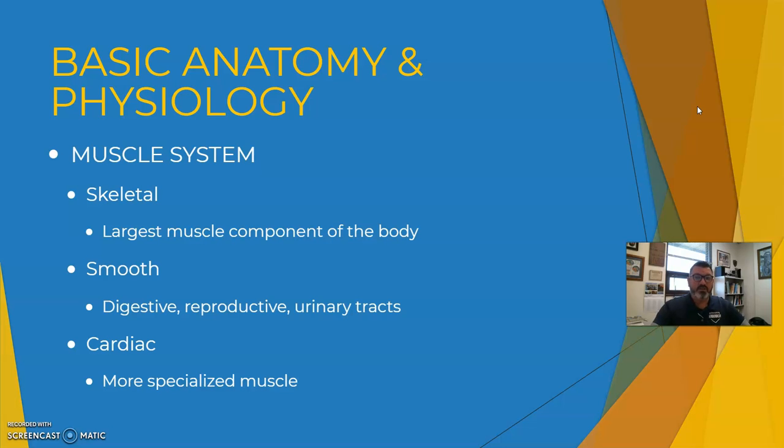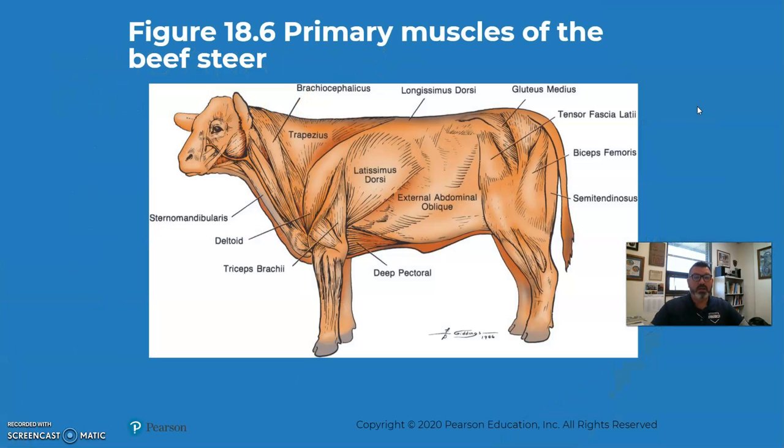Then we have the smooth muscle category, which is your digestive tract, the reproductive tract, and the urinary tracts, all very smooth and pliable muscle. And then finally the cardiac muscle type, which is of course much more specialized tissue and primarily is just your heart tissue. Here again is nothing that I'm going to make you memorize or even ask an assessment question on, but here are the technical terms for all the different muscle sections of a steer.